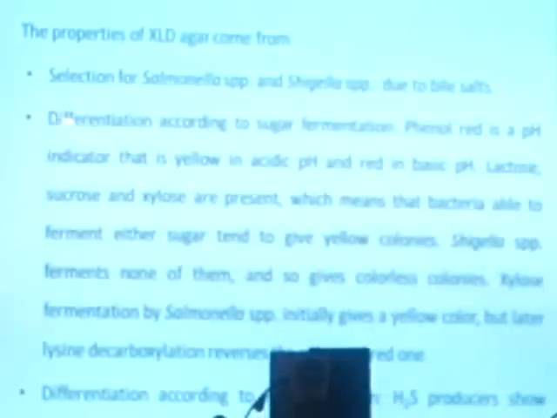Now, it differentiates according to sugar fermentation. The pH indicator that we use here is what is called phenol red. You've met phenol red in iron agar and triple sugar iron agar, okay? We'll be revising these in a moment. Now, phenol red has the opposite color change of neutral red.